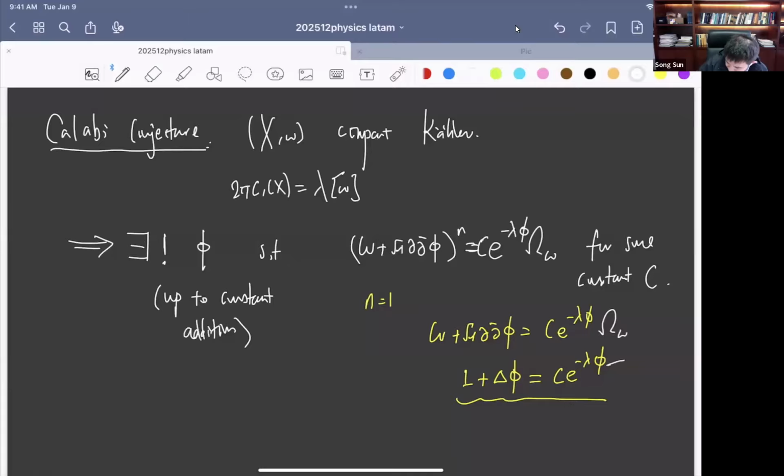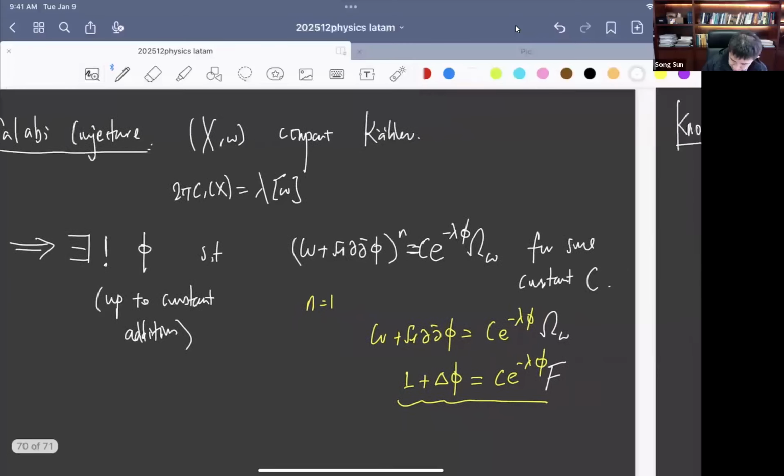And when you take the trace of little omega by capital omega, you get the Gaussian curvature of the original metric.